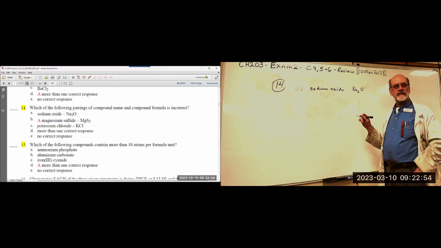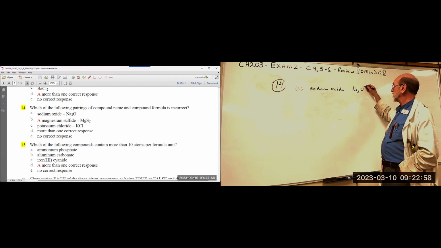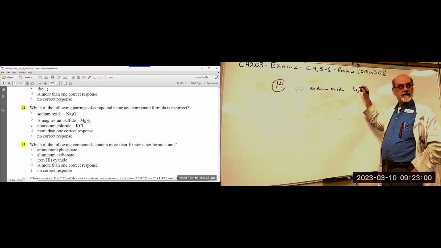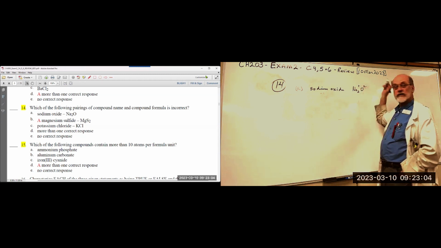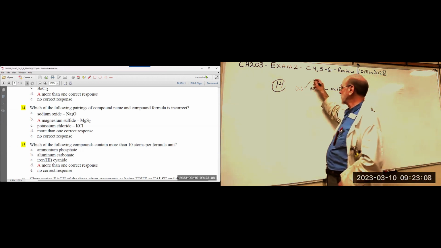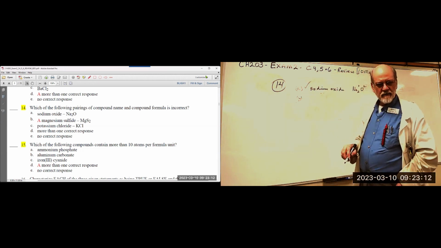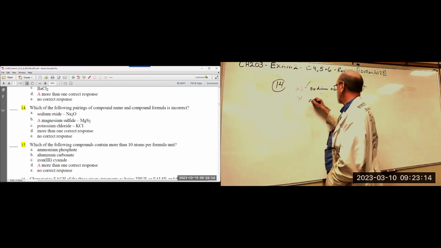What's the charge on oxygen when it's in an ionic compound? It's a 2-, isn't it? And sodium's in the first column, so it's a 1+. That's true. 2 pluses, 2 minuses. That one's good. How about B? Magnesium sulfide.